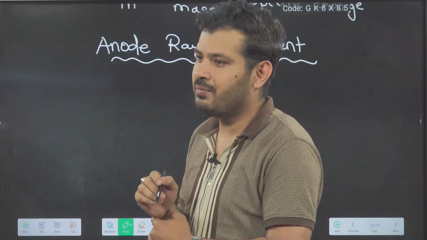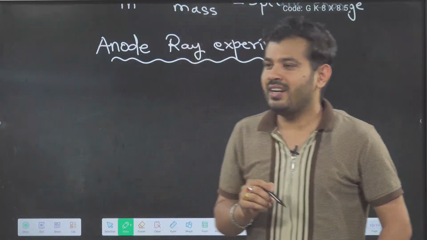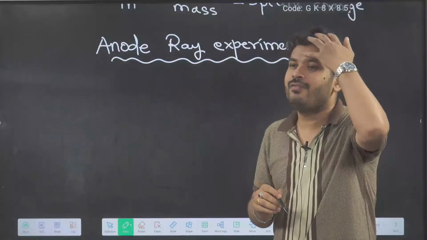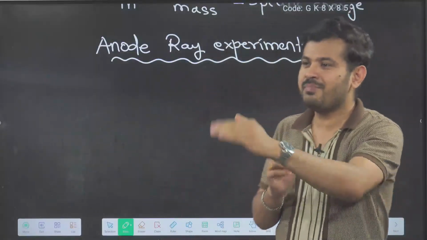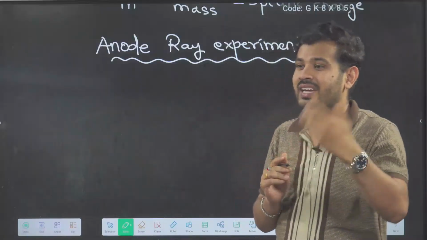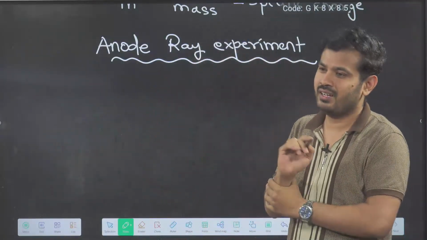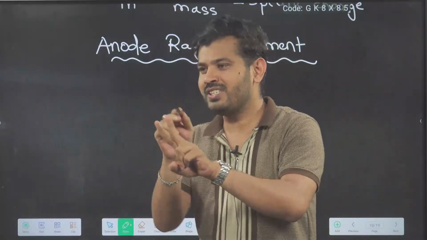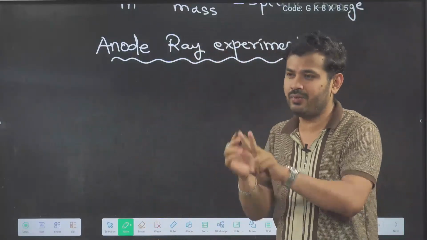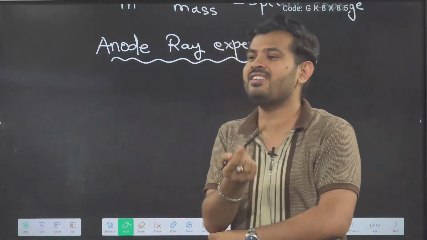Please tell deflection again. Yes. In deflection, what I told is that deflection depends on three parameters. If the ray which is passing has a higher charge, the more the charge, the more will be the deflection, right? It is like two charges are there. If both charges have very high magnitude, plus charge and minus charge, then their force of attraction is more.